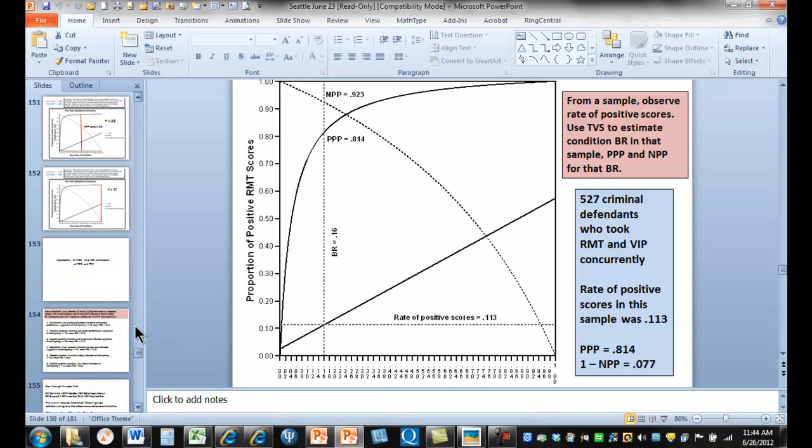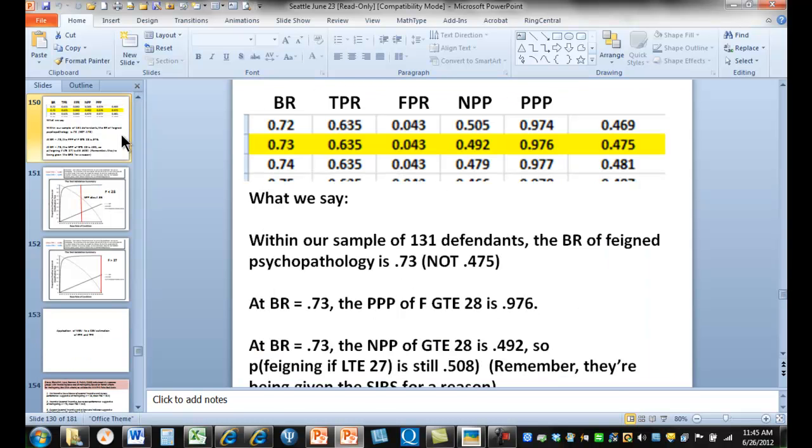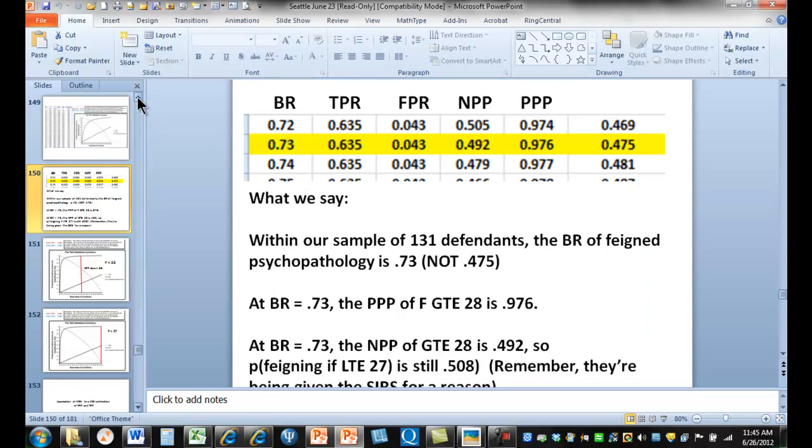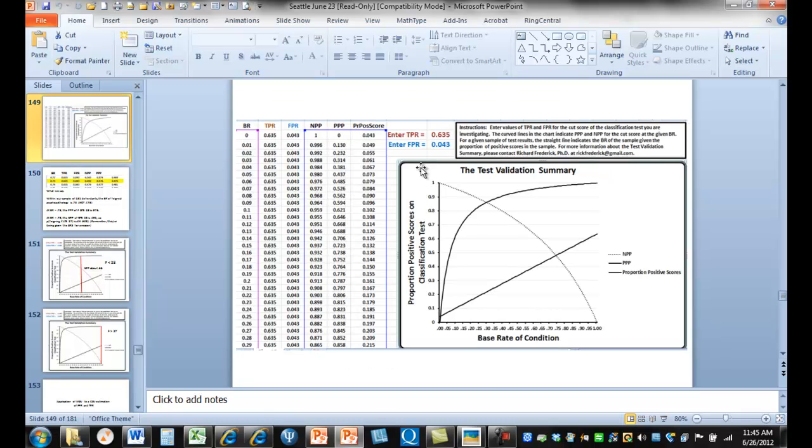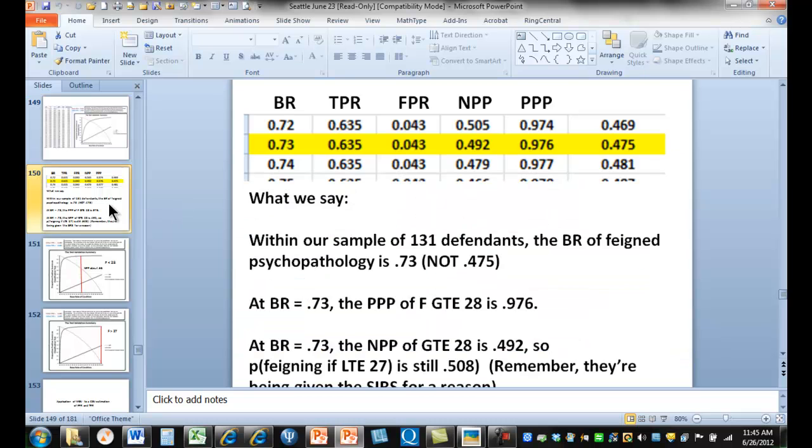I think I have another example. Yeah, here we go. So, here's a situation where I have an F score of F greater than 27, 28 or higher, which has a false positive rate of 4% and a true positive rate of 63.5%. It gives us this TVS, and you can do it graphically or you can look at the actual numbers over here.